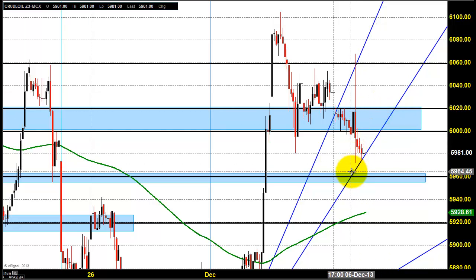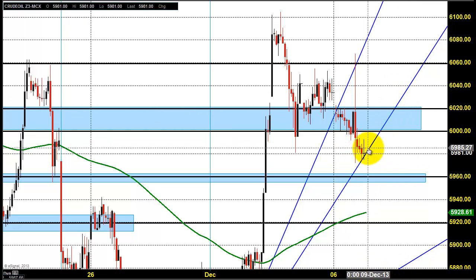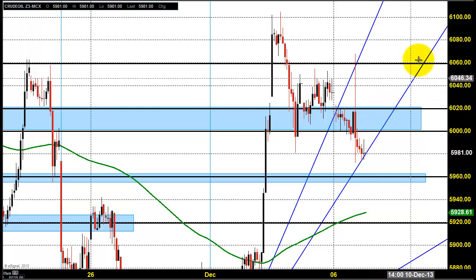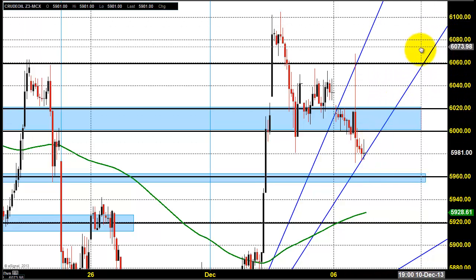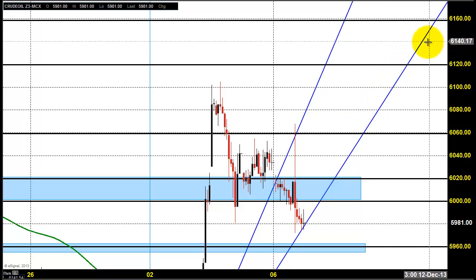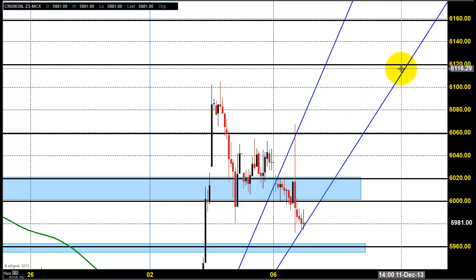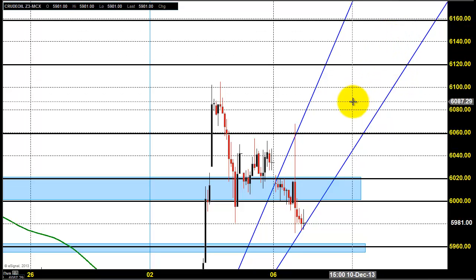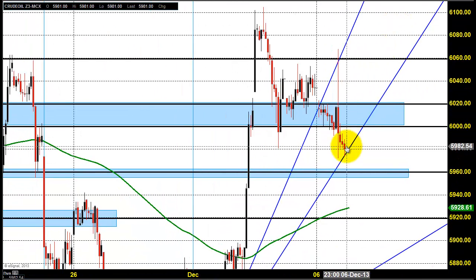This trend line should act as a support line and guide the price along the trend, as we projected, so that it can reach this week's target of 6120 and 6160. Why we are choosing this target, I explained earlier on seeing the price action that happened in the month of November. So this was our expectation.